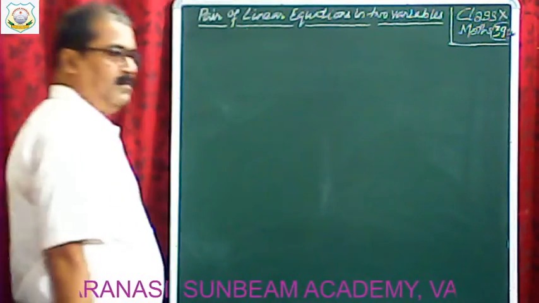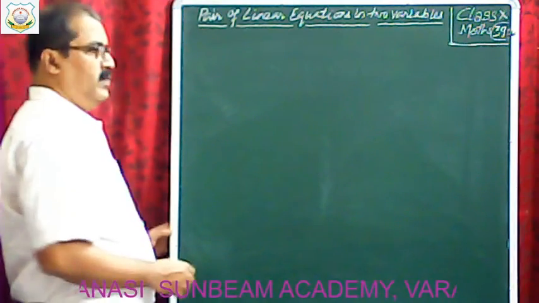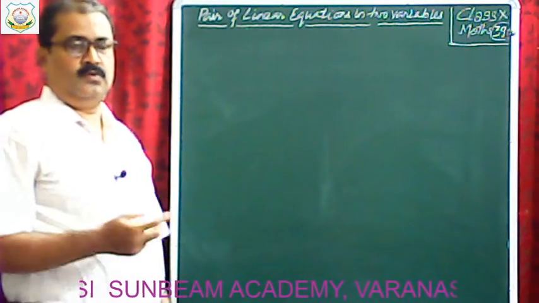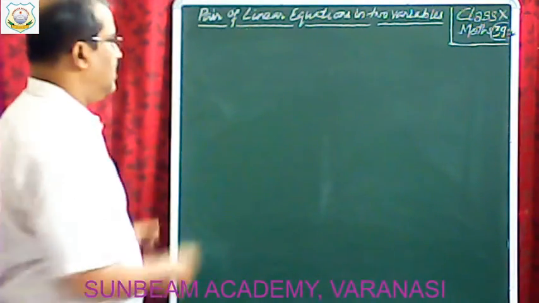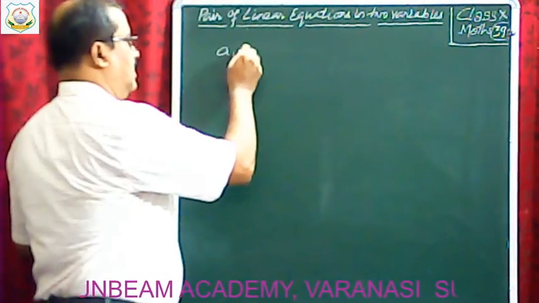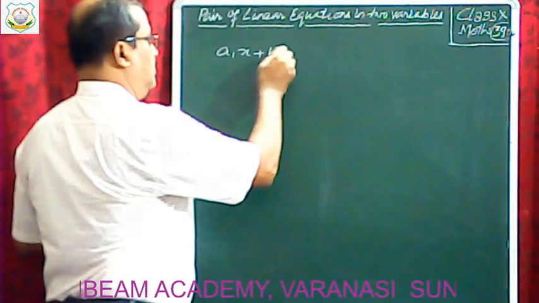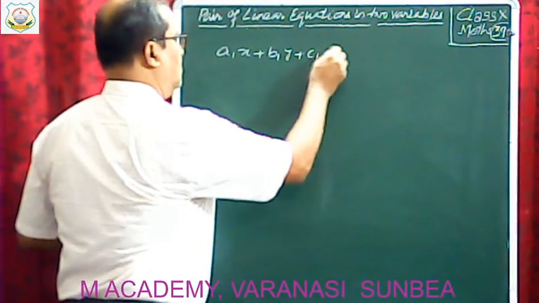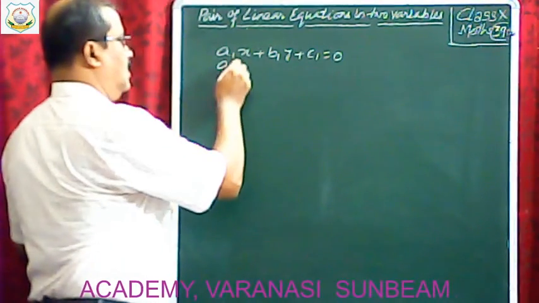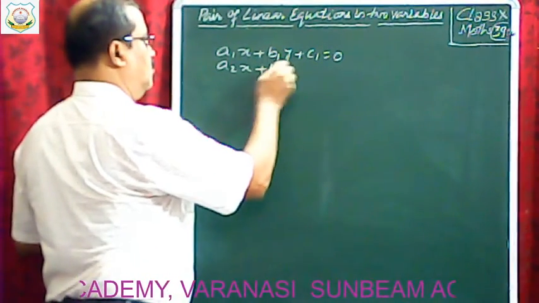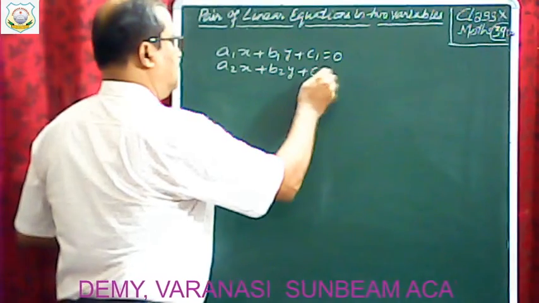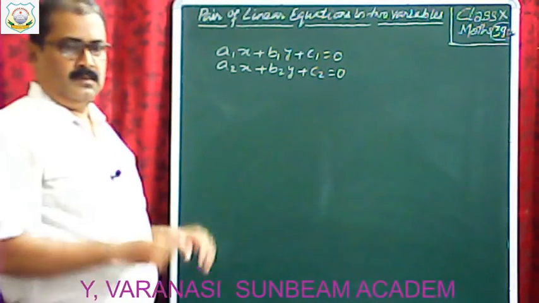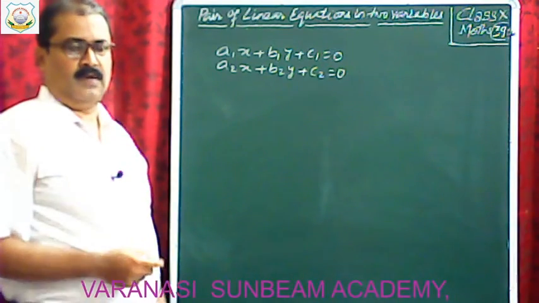First, the graphical method. Whenever we represent both the equations on a graph, we get two straight lines. Suppose the equations are a1x + b1y + c1 = 0, a2x + b2y + c2 = 0.